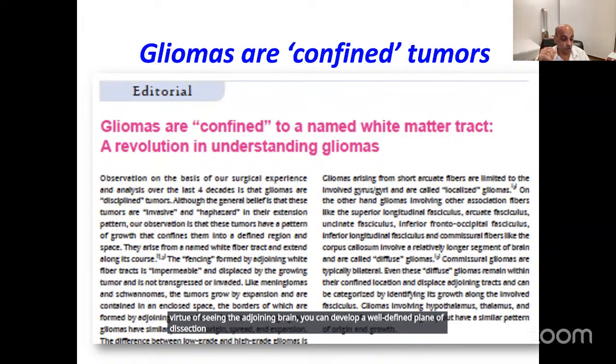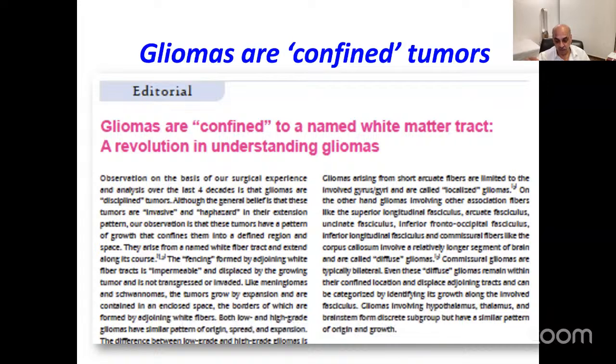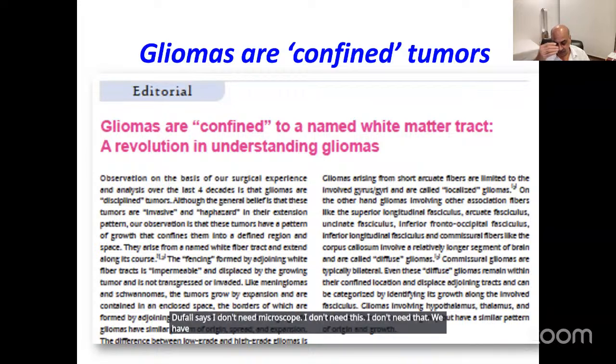As my journey with these gliomas continues over the years, I am getting more and more convinced about this concept. Dufault says, I don't need a microscope, I don't need this, I don't need that. We have already heard from him several times.